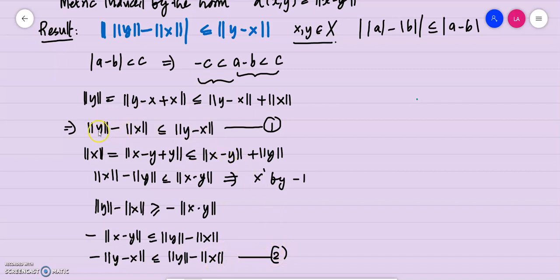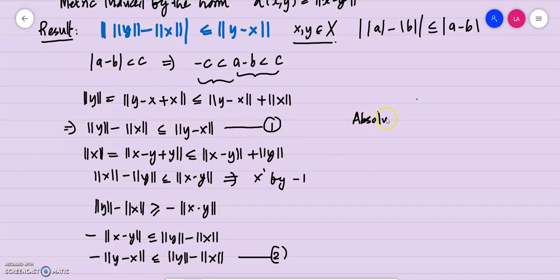From the first inequality, norm y minus norm x is less than or equal to norm (y minus x); from that, it is clear that a minus b is less than c. From the second inequality, minus of norm (y minus x) is less than or equal to norm y minus norm x; that is, minus c is less than a minus b. From these two parts, we use the definition of the absolute value function.